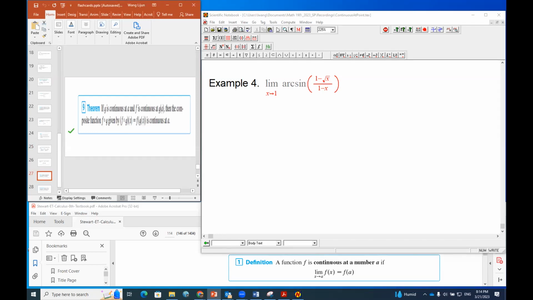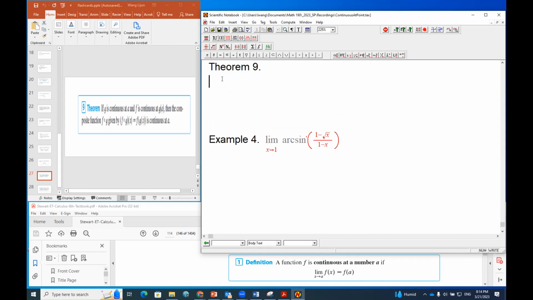The next theorem is about composition of functions. So this is theorem number 9, the application of theorem number 9. Let's see what it says. The premises: G is continuous at A. That's the first condition.